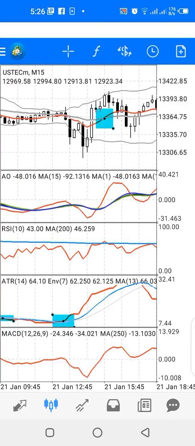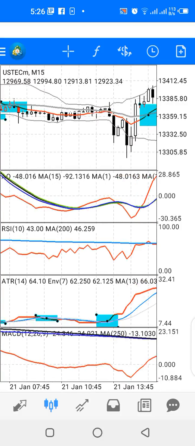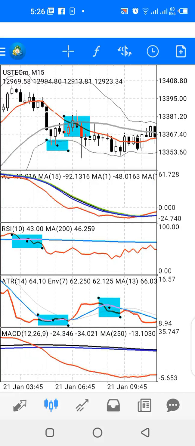Okay, so basically indicator window 3 will tell you when you have your wave. Is it impulsive wave? Is it retracement? So each swing from one swing point to another swing point will tell you your wave. Like from this point to this point, more like your impulse or your retracement.